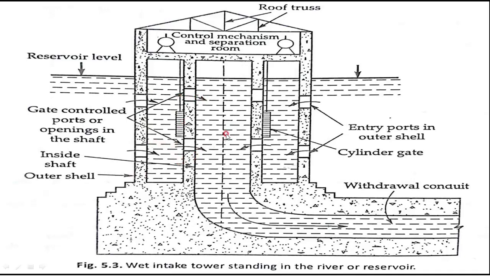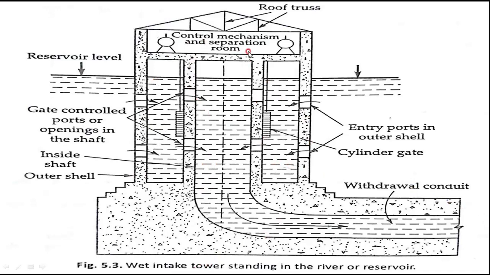Why are these two entries made? So that you can filter it more and more. Here you can put a screen, here also put a screen, again here put a screen, here put a screen. Like that you can have water inside, and that water is sent through a withdrawal conduit to the treatment plant. Okay, now this is what a wet intake structure is.